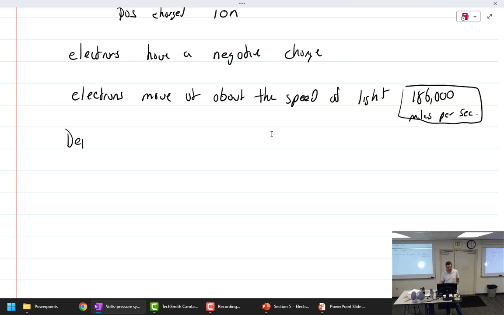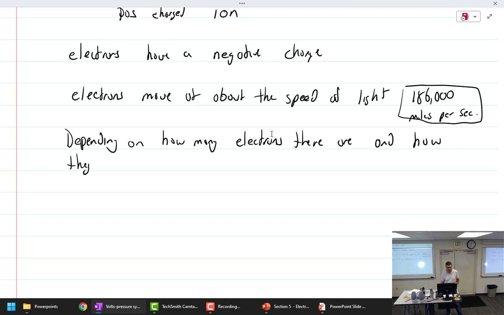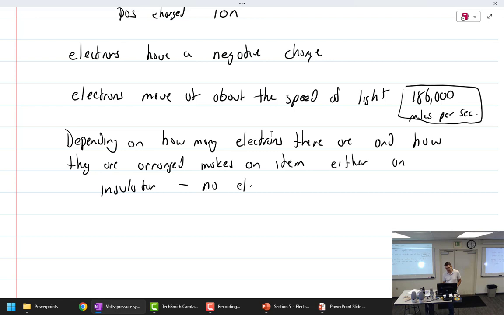So depending on how many electrons there are, and how they are arranged, makes an item either an insulator, no electron flow, or a conductor.